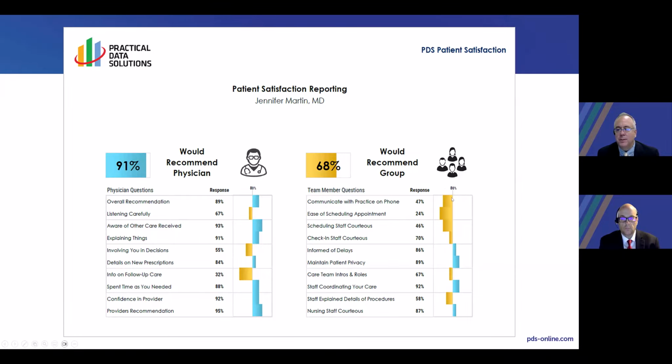At the group level, at the practice level, we've got some issues with communication on the phone and scheduling appointments. But if you look over here on the right, overall, the patients are fairly happy with the physician. So it's a great example of a visual dashboard, really making it easy for everybody to see where we need improvement and where we're doing well.